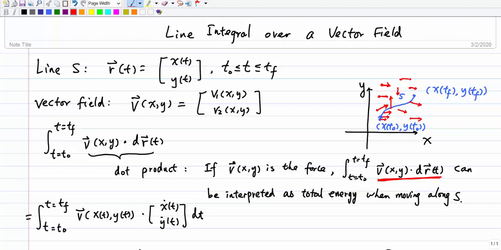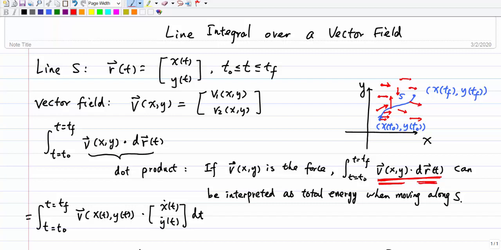So the integration from t0 to tf of v(x,y) dot dr(t) can be interpreted as the total energy when moving along S. That's because this represents the force applied at any point.